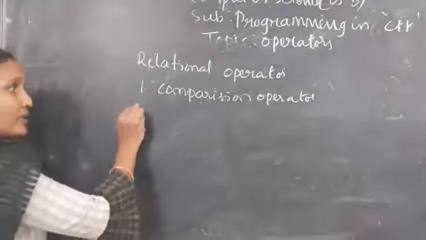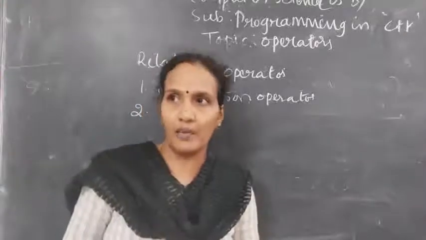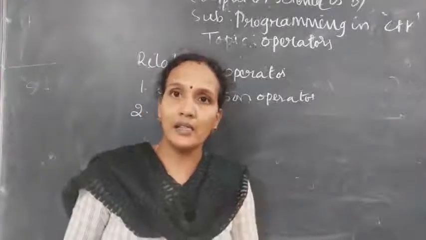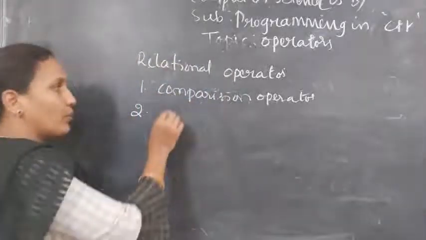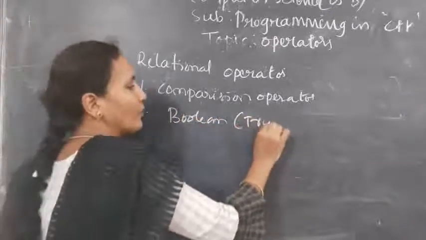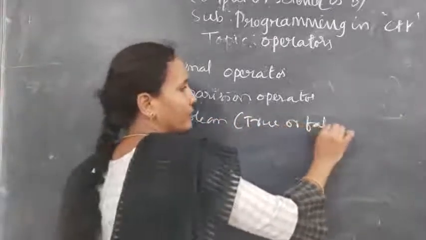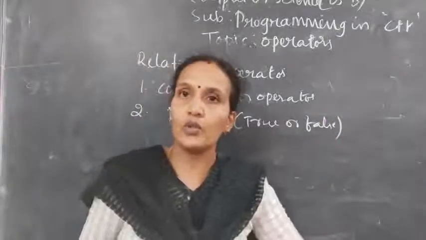And the second one is, when you use this comparison operator, you will get some result, and that result is either true or false. That is called a Boolean result, that is true or false. See, if you are checking like this, if a greater than b, this is true or false.